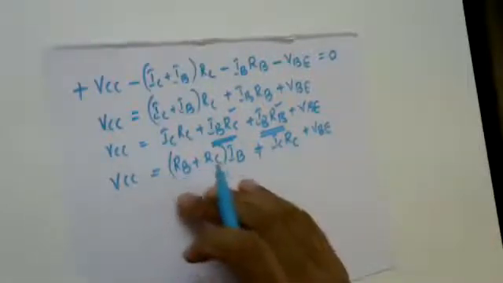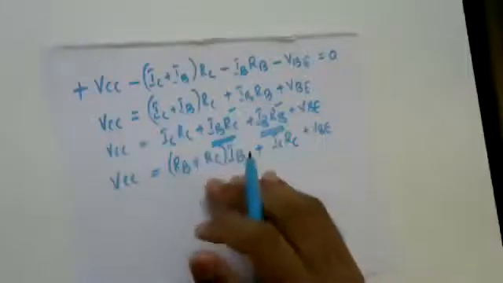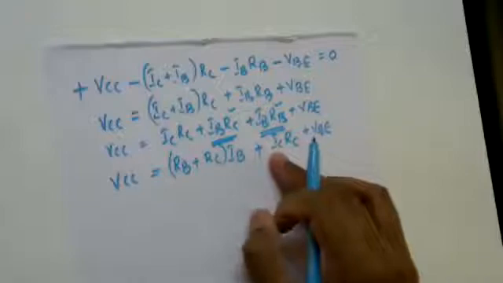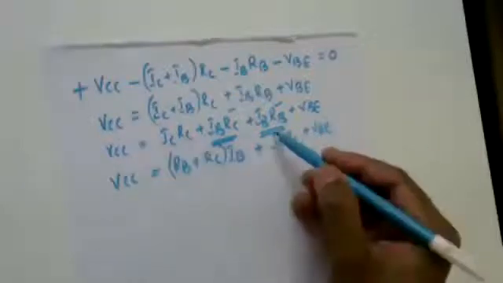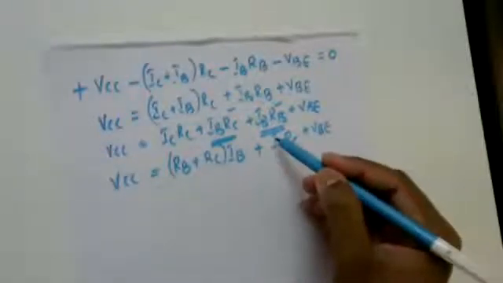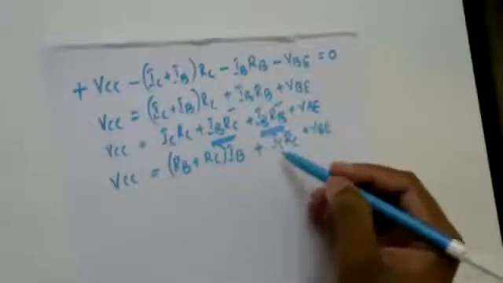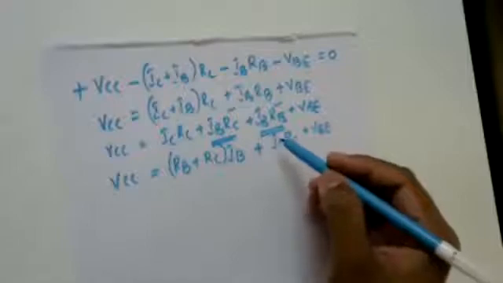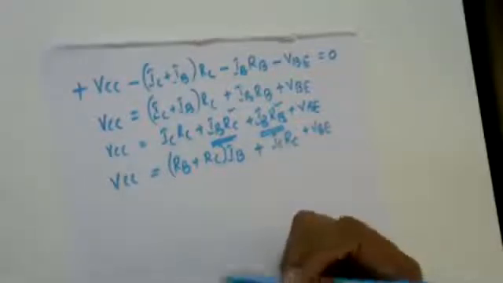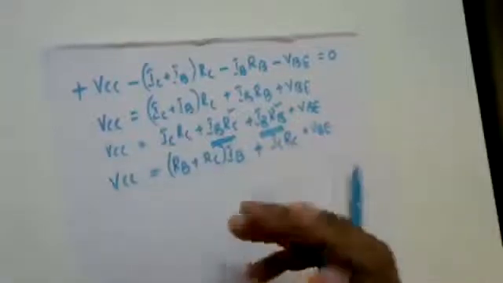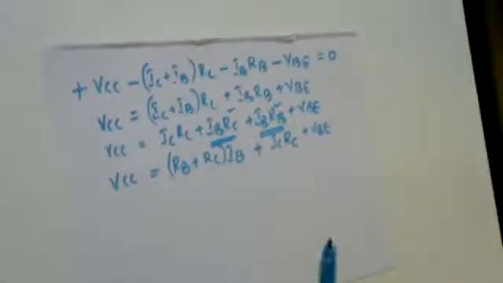From the first fundamentals, how can people write the equation for IC? Because this is my input loop, no? So I want all the input parameters. IC is your output current. Am I right? So I don't want any output parameter in my equation. I want this to be replaced by an input parameter. Then how can you write your IC in terms of your input parameter, that is IB? Any equations which are known to you people?